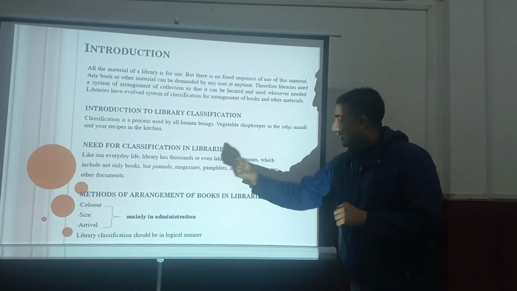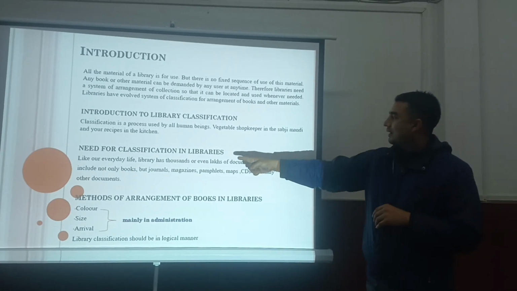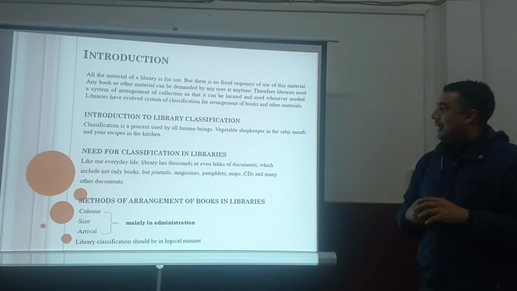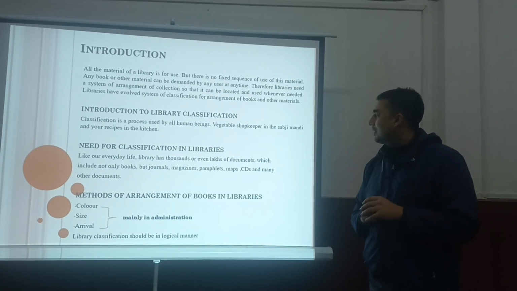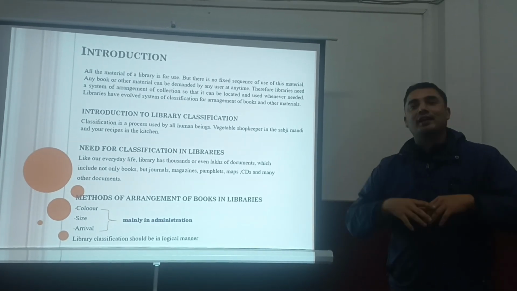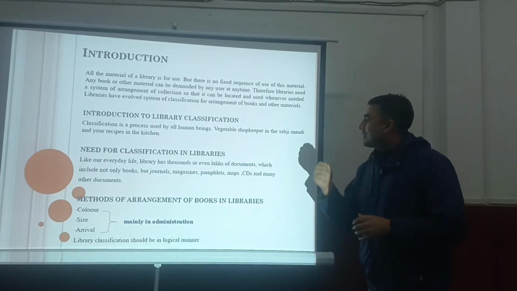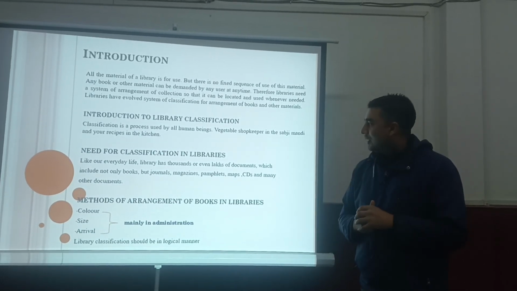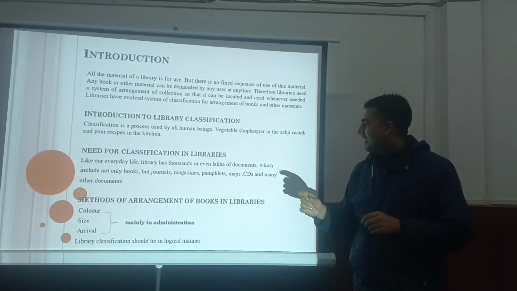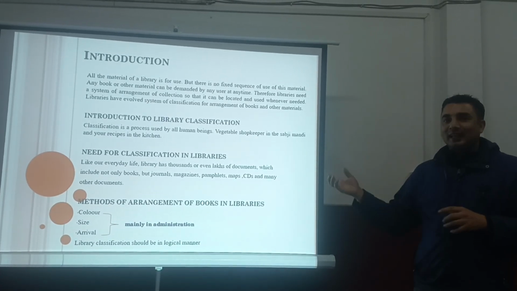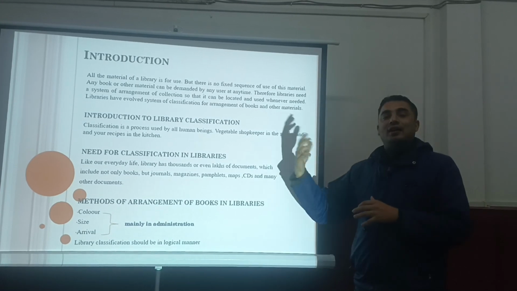Like in our everyday life, you can see the need for classification in libraries. A library has thousands, even lakhs, of documents. There are enormous documents which include not only books but journals, magazines, pamphlets, maps, CDs, e-documents, and many other documents.